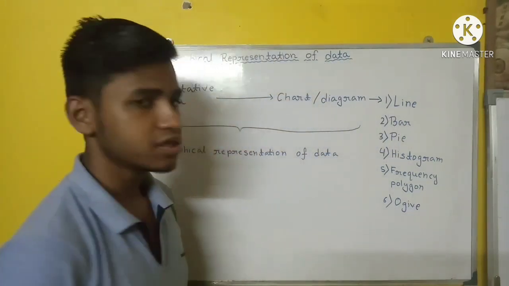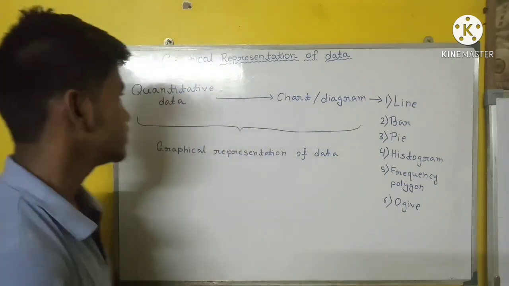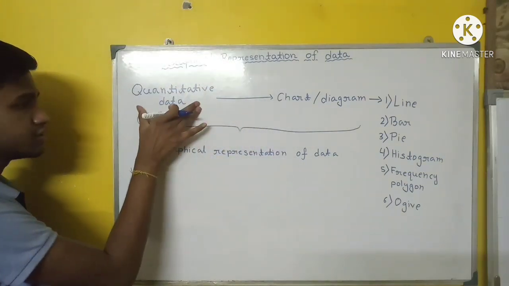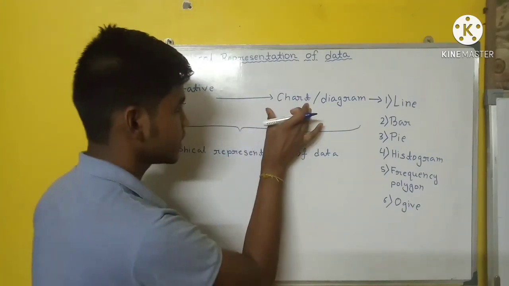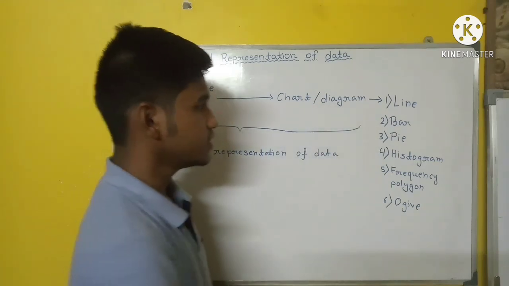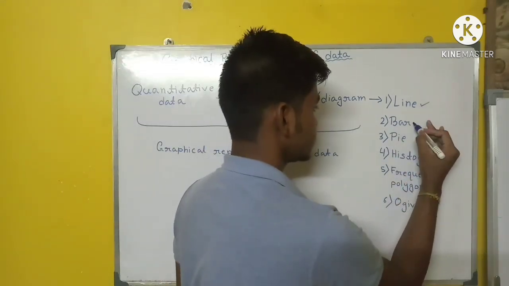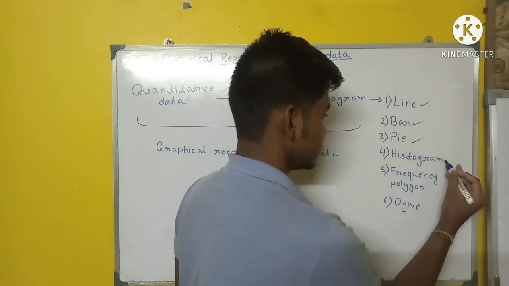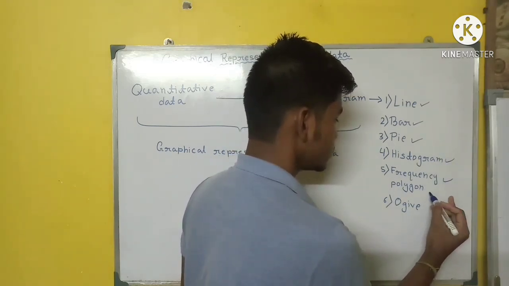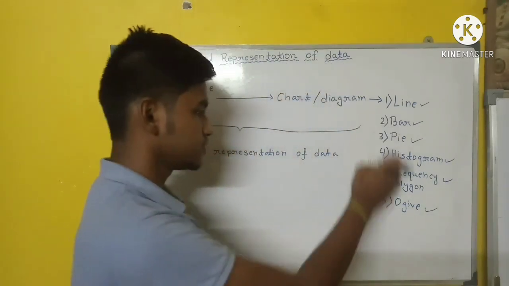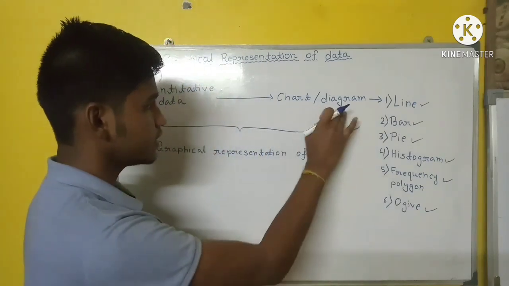So the charts through which we are representing this quantitative data are those line chart, bar chart, pie chart, histogram, frequency polygon, and also ogive. So these are actually the charts or diagrams.